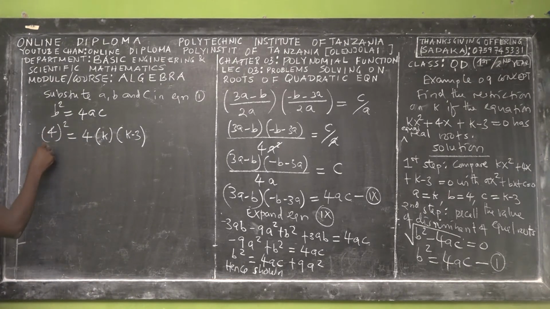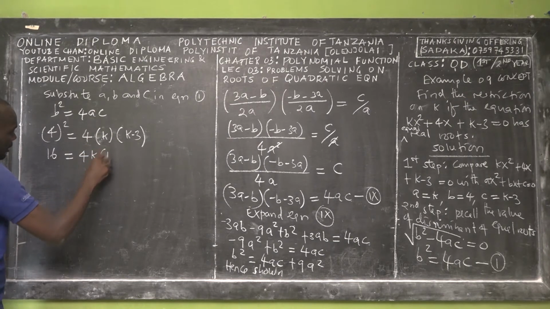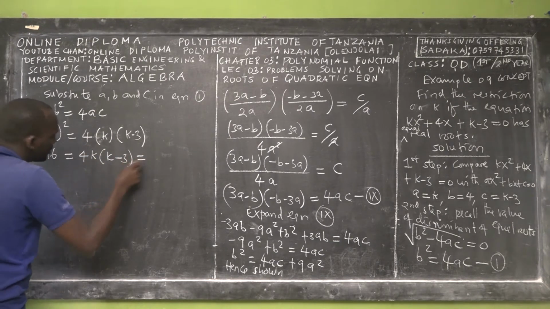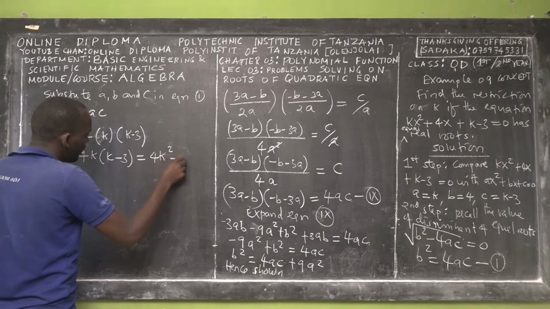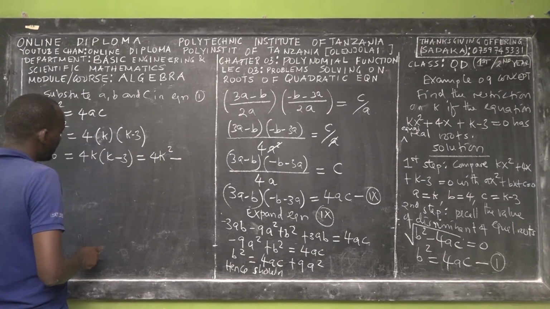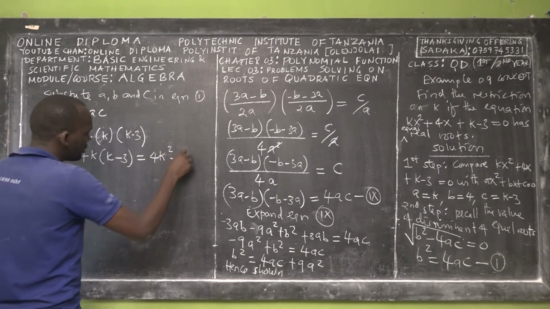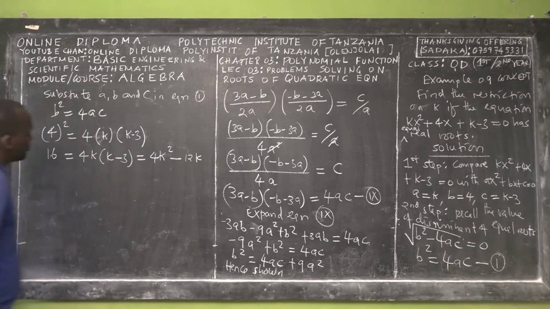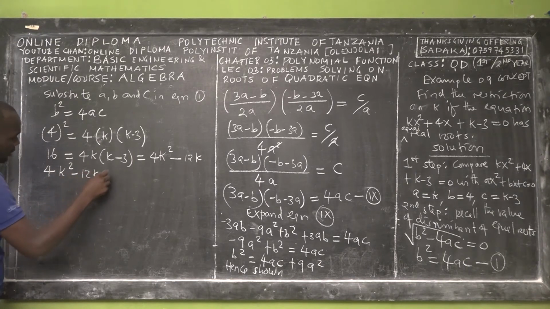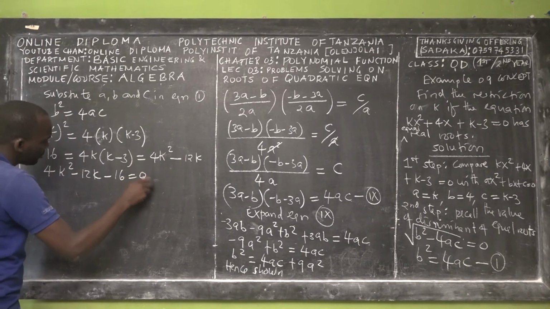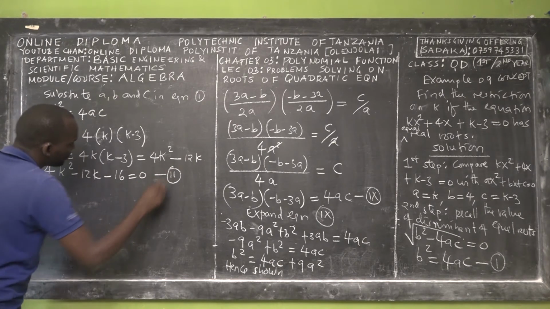So 4 squared is 16, and this is 4k times k minus 3. 4k times k is 4k squared, and 4k times negative 3 is negative 12k. Then we can express this equation as a quadratic: 4k squared minus 12k minus 16 is equal to 0. This will be equation 2.